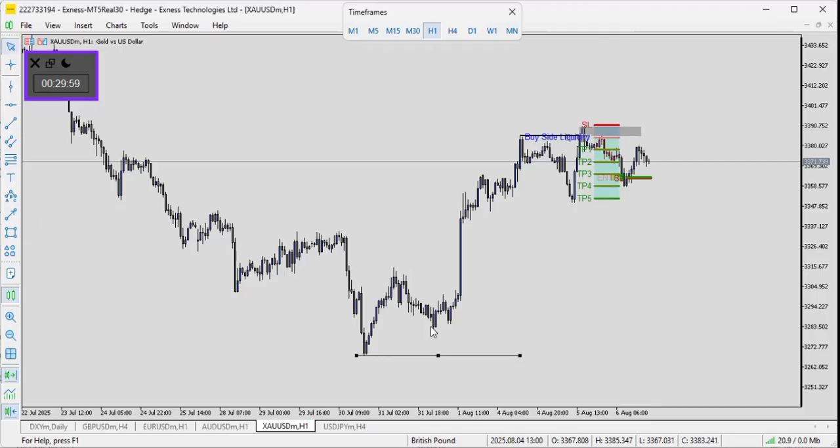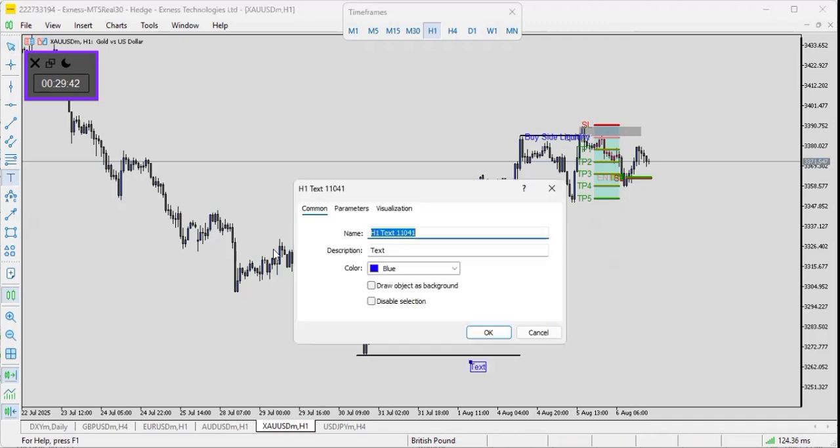So this level, this lower point, is called the sell side liquidity. I can name it, you can give it a color, sell side liquidity.